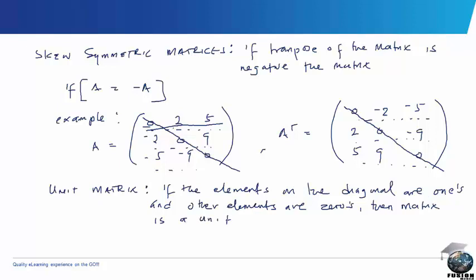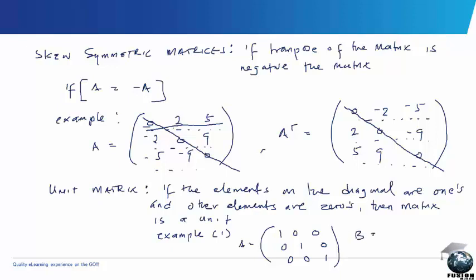For example, if you have a matrix of this form, where you have 1 0 0, 0 1 0, 0 0 1, you find out that the diagonal elements are just 1. A is equal to this.